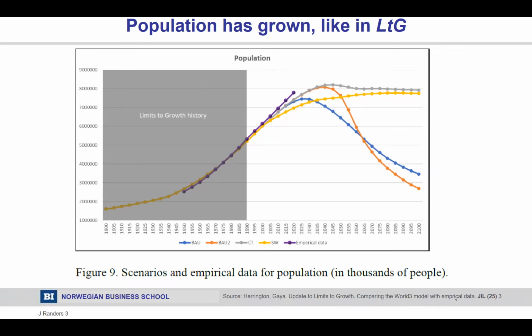You can see here on the slide 4 of the 12 scenarios from the Limits to Growth for population developments from 1972 to 2100, and overlaid is actual development of the world during this period. And you see that the population has grown, it's essentially doubled over this period, and followed the starting point of most of the scenarios in Limits to Growth.